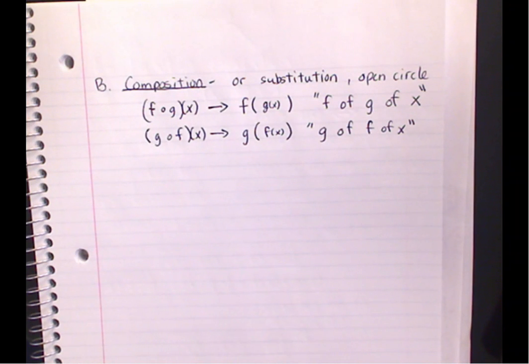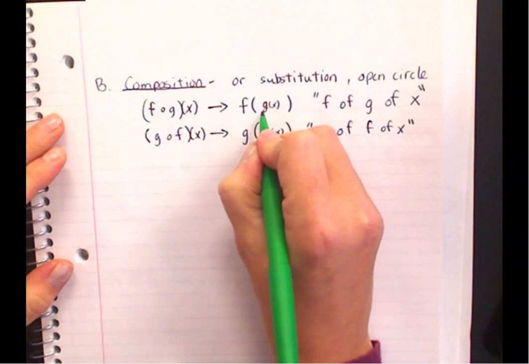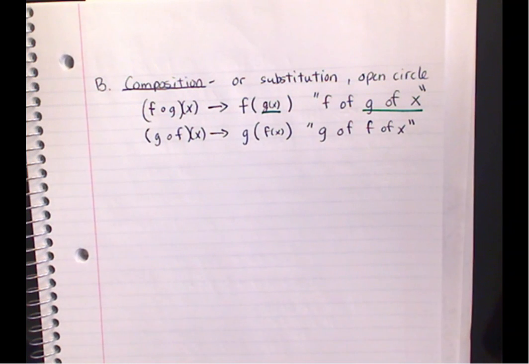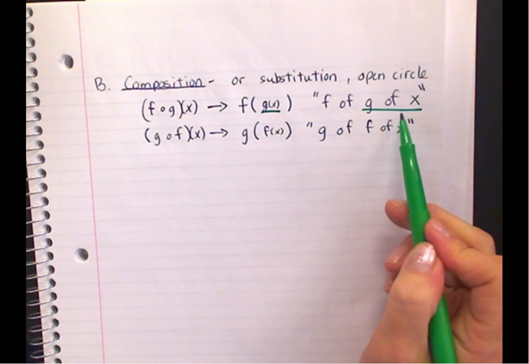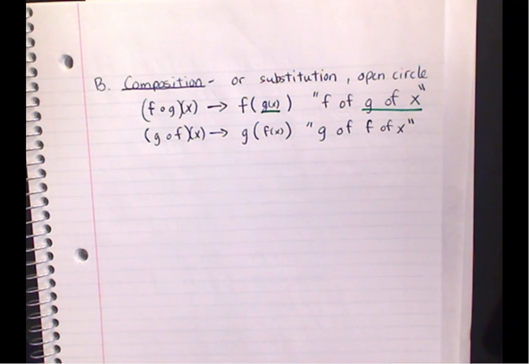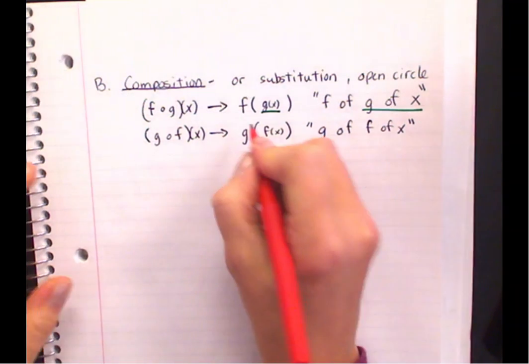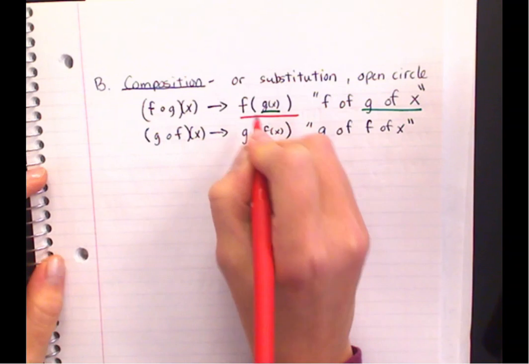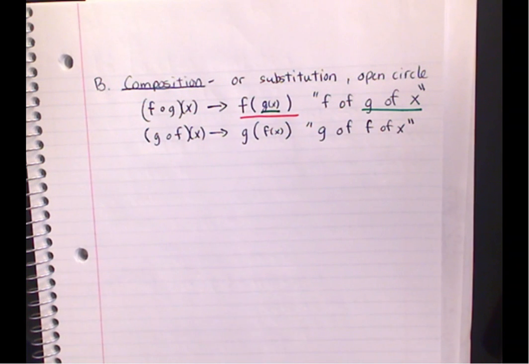And I'm going to underline some things in a color to help you see why this is how you say it. Isn't that called g of x? Right, the part that I underlined, don't you call that g of x? Well, that's what it is. Okay, and then we have f of the green part. Same thing here.